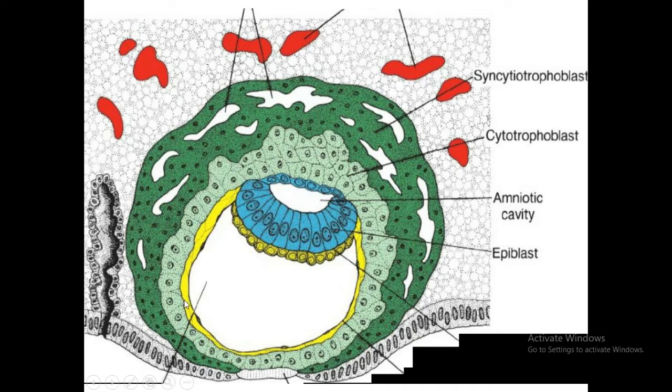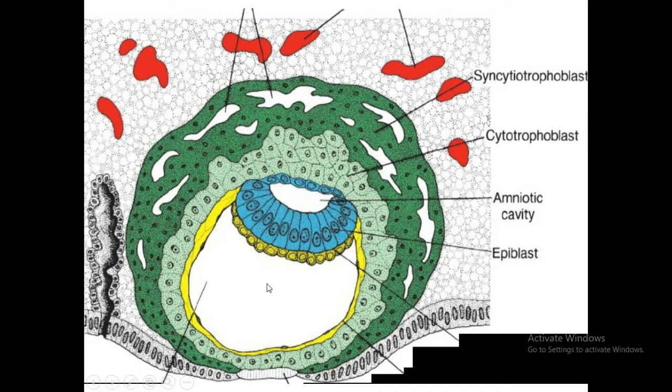This thin yellow membrane is Heuser's membrane, which lines the inner surface of the cytotrophoblast. When this membrane is formed, the blastocyst cavity is now known as the primitive yolk sac.